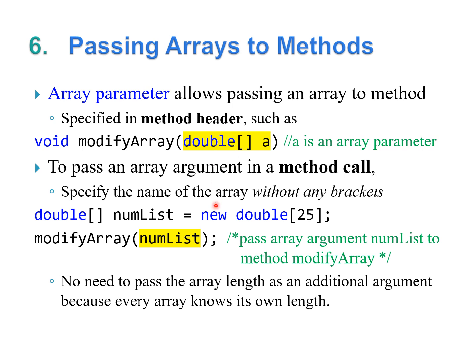Then we can call method modifyArray passing numList as the array argument. Here we only need to specify the array name numList. When we pass an array object's reference into a method, we need not pass the array length as an additional argument because every array knows its own length.